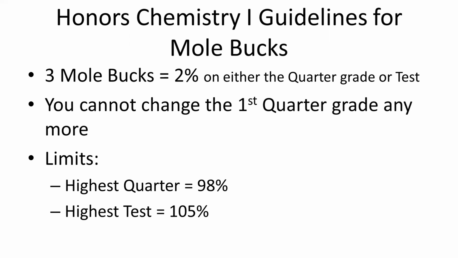So we're going to go through some scenarios just to see 3 different options of what happens and how to calculate your grade if you need that help. But just so you know, I will not be doing anything with Moldbux unless you tell me where to put them exactly. Okay, so you will need to tell me where to put your Moldbux through email or Remind, and I will do it after I finish all the grading and get everything figured out.